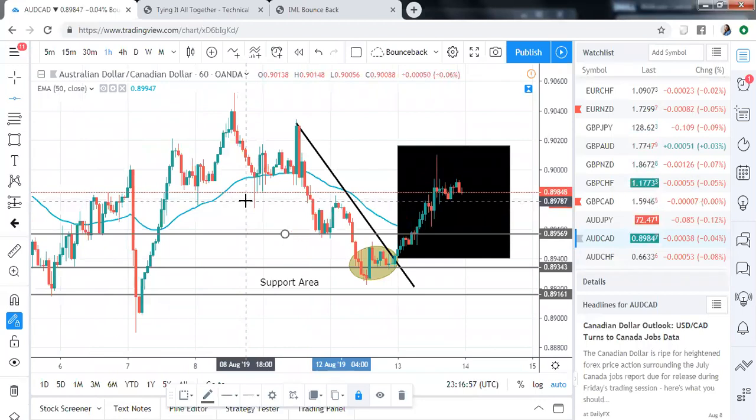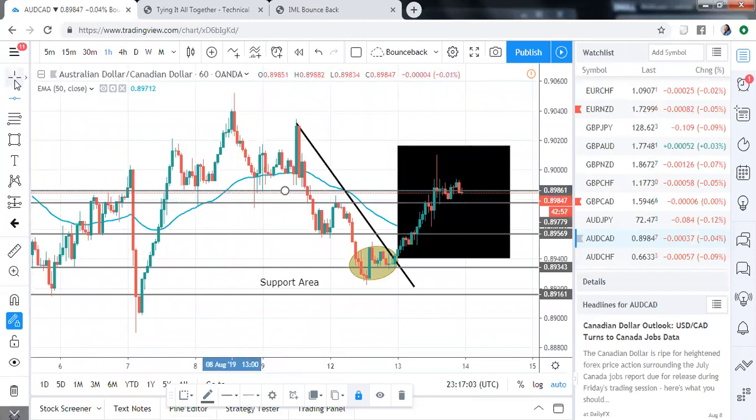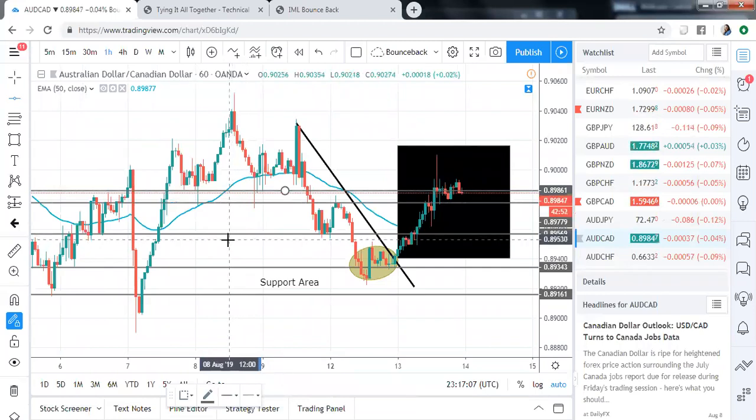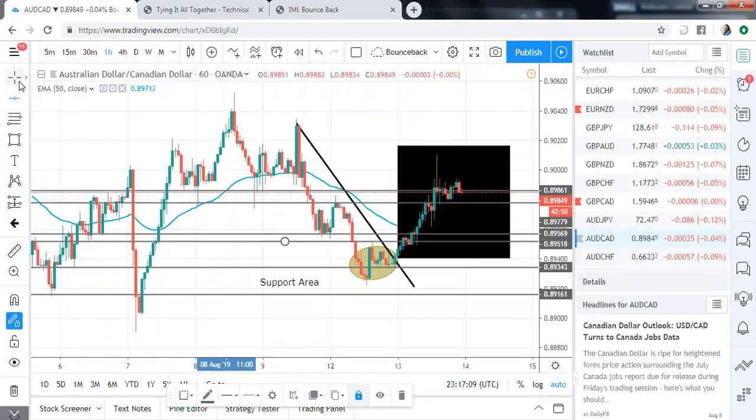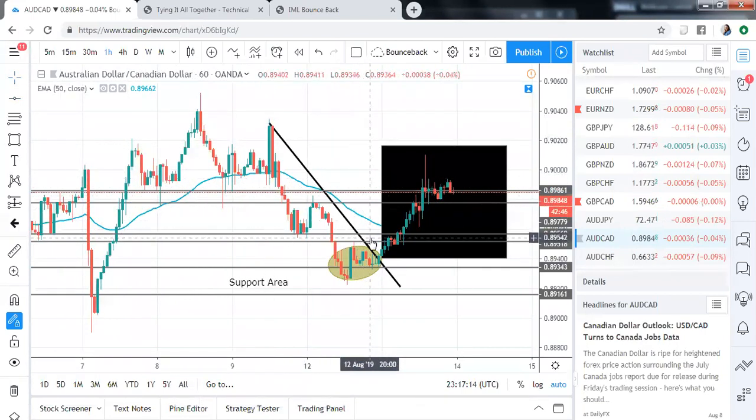Your mountain tops are areas where the trade would have turned around, right? So these are your target areas. These are your targets. So here you can have a take profit 1, and then over here you can have a take profit 2, right?